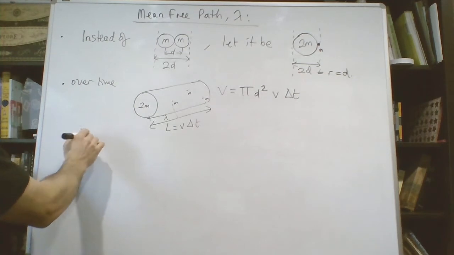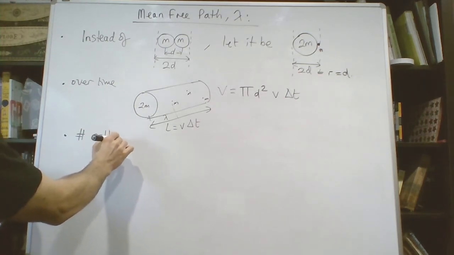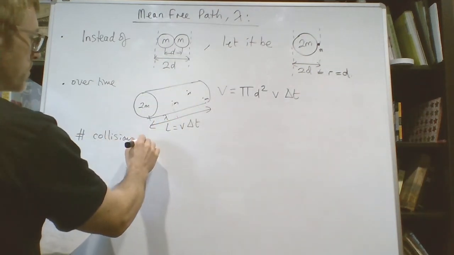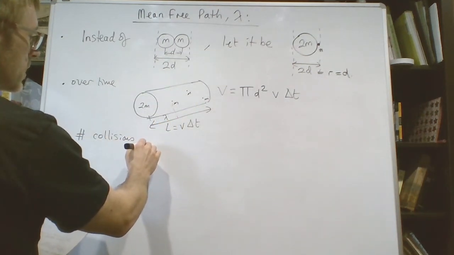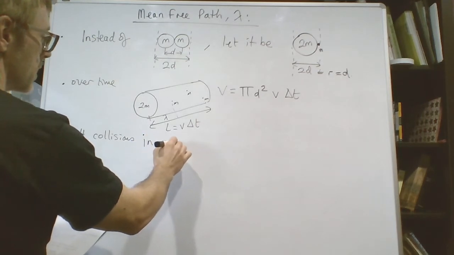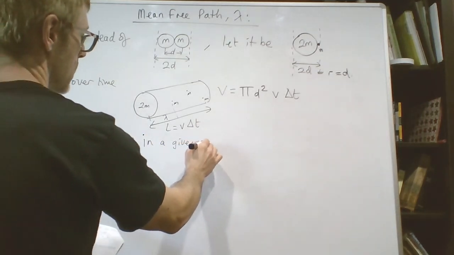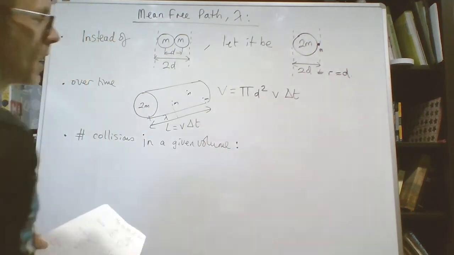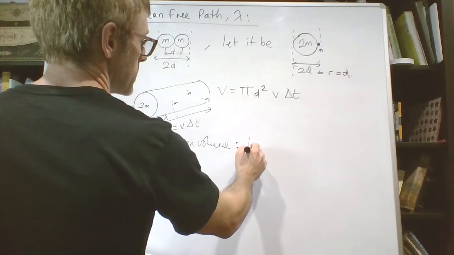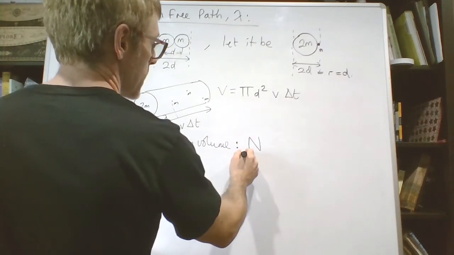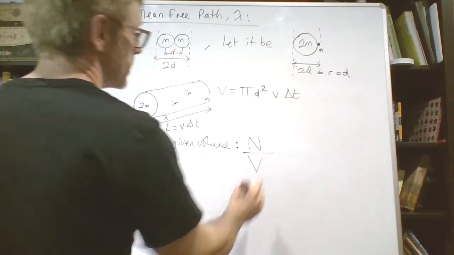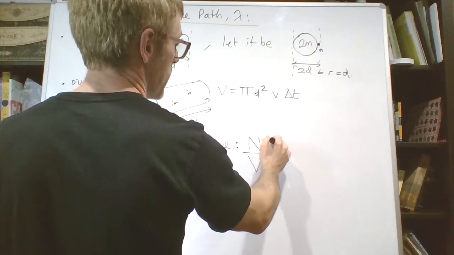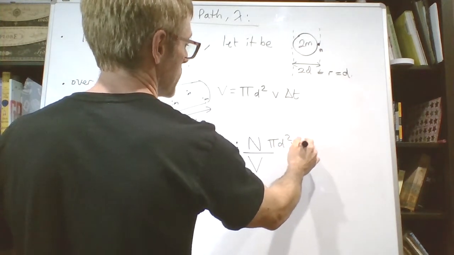So the number of collisions that occur in this volume are going to be scaled by n per unit volume times the volume in particular, which is pi d squared v dt.